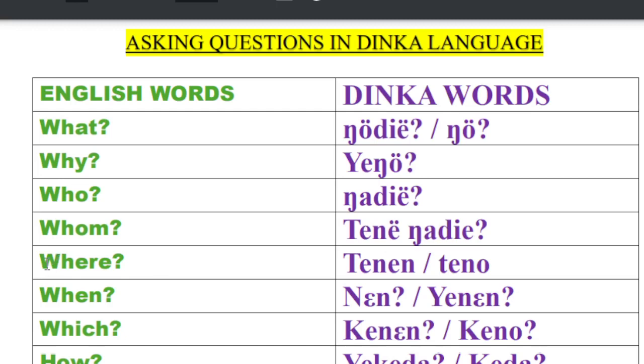The other question is where. Tanen or tano. The same. Tanen or tano. Where do you come from? In Botanen or in Botano.